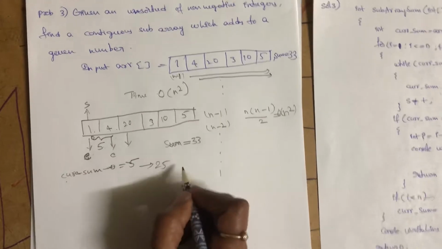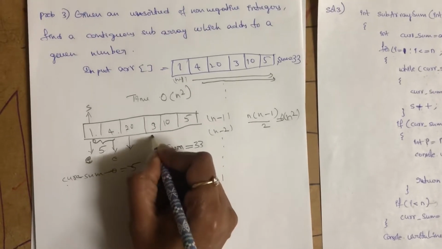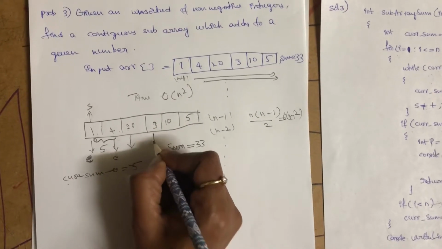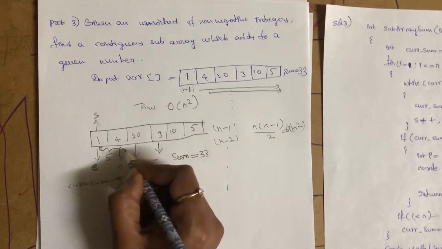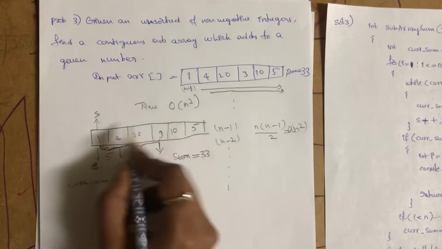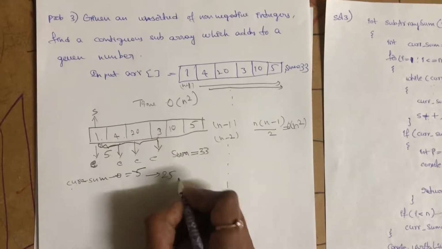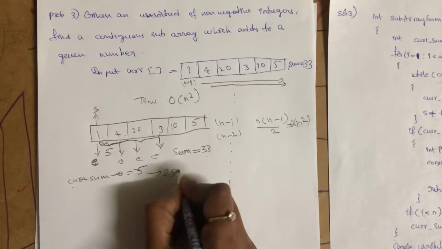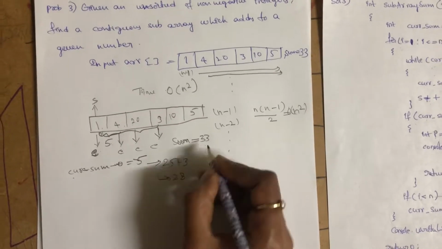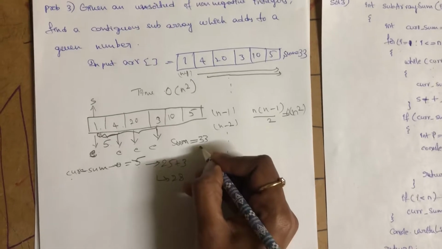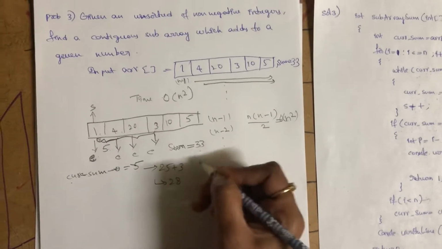Both conditions fail, so I move the end pointer to the next element. I add it to the current sum, and it becomes 28. I check the condition again: 28 is not greater than or equal to the sum, so both conditions fail.